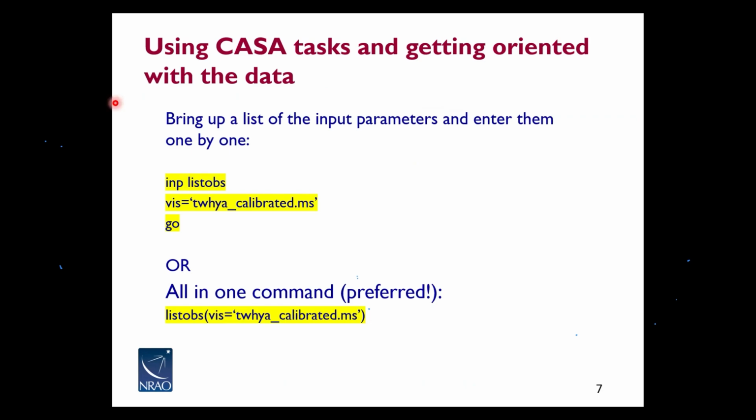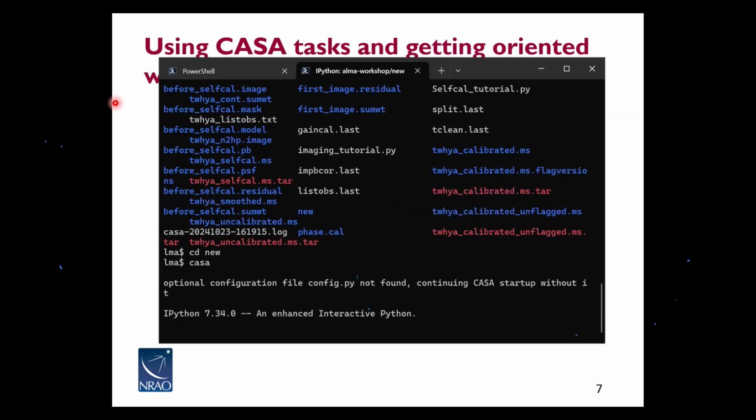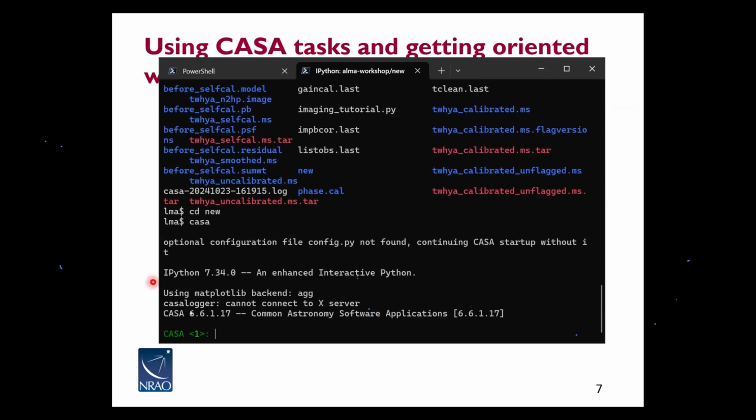If you have the script ready, you can copy and paste the first line, the listobs, preferably the all-in-one command. I could bring up CASA, and then there will be an interactive thing popping out. What I need to do is, oh no, I cannot see the GitHub page right now.